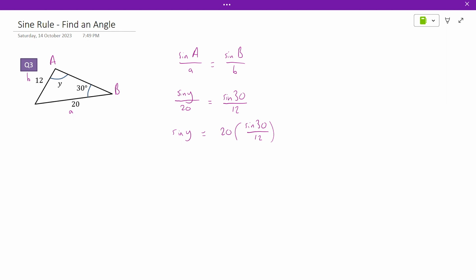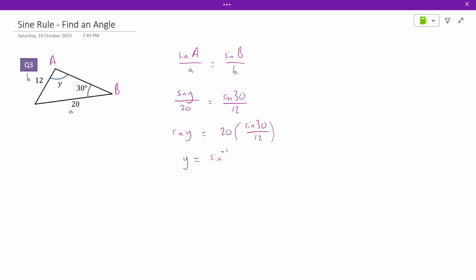If we're writing it, we would write sine -1. So on the left-hand side, we're left with y equals sine -1. So remember that would be shift sine of everything that was already on the right-hand side of the equation.